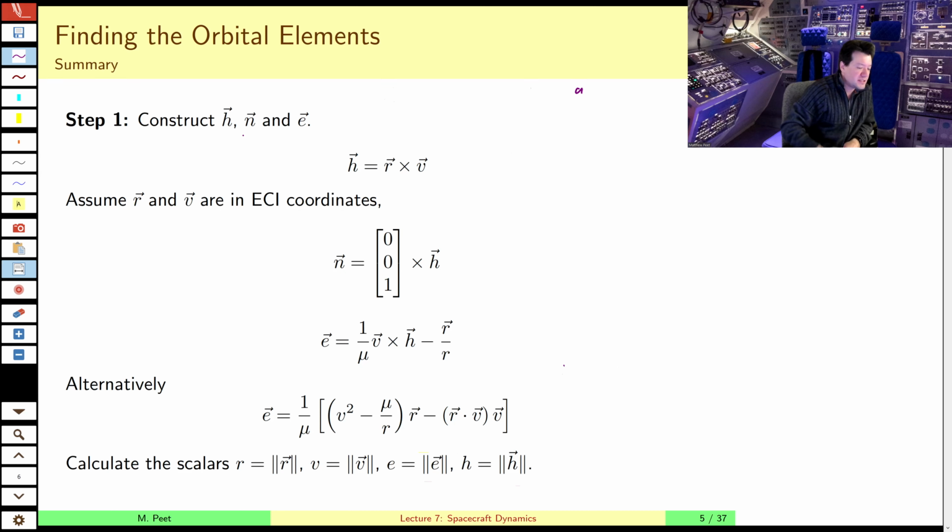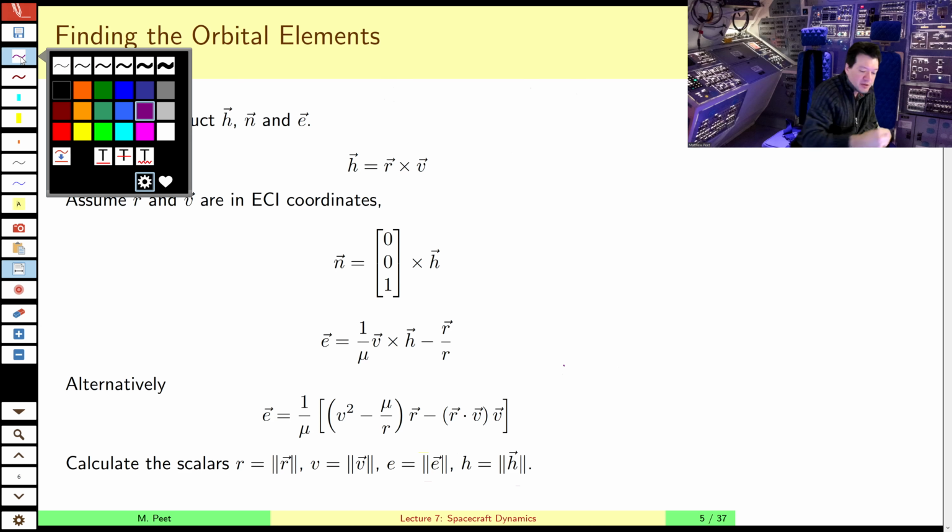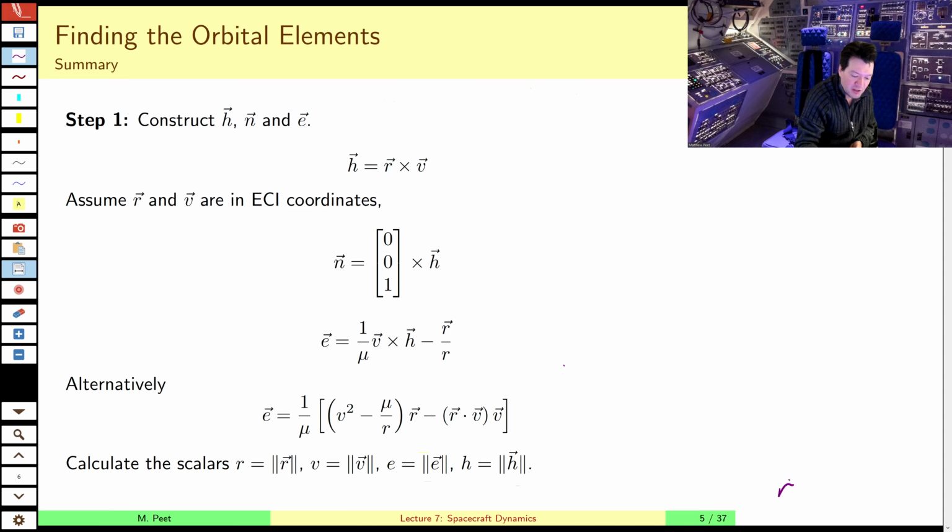Right, so as I promised, we're going to go over our steps, basically the entire lectures 1 through 6, which allow us to take position and velocity vectors and first find our orbital elements: a, e, omega, true anomaly.